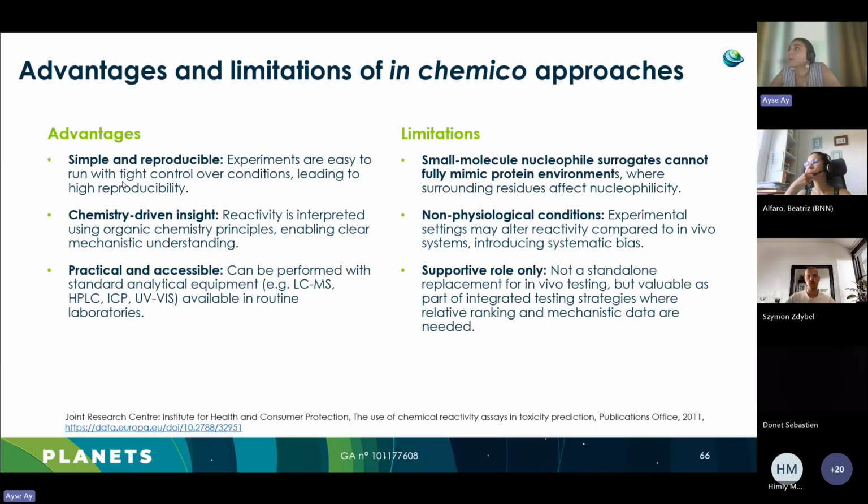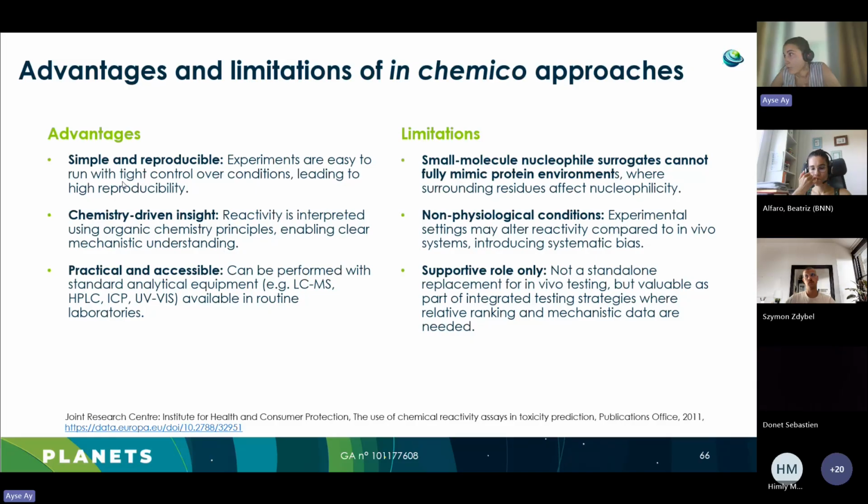When we come to the limitations, obviously we are working here in an artificial environment. So we may not be able to mimic the protein environments. And these are also non-physiological conditions, so the experimental setting cannot really be compared to in vivo systems, and there can be some bias.